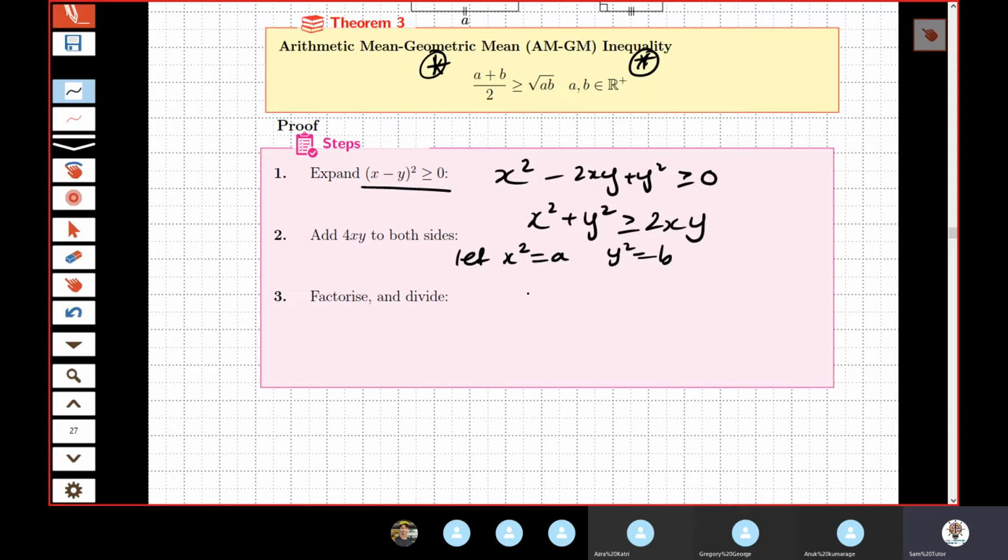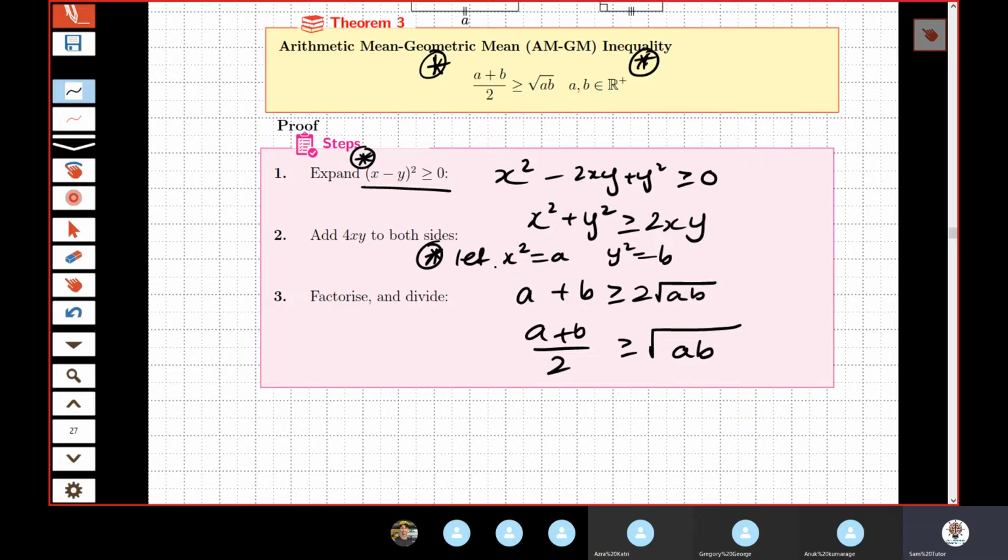You'll end up with a plus b is greater than or equal to 2 root ab, since that's xy. And then if I divide by 2, I end up with this result. So you're going to get a lot of inequalities from this, a lot. This is the one to memorize, and I guess this step, knowing that you're allowed to substitute.